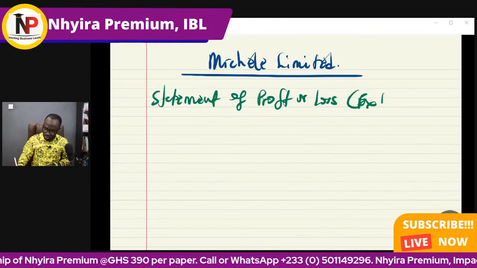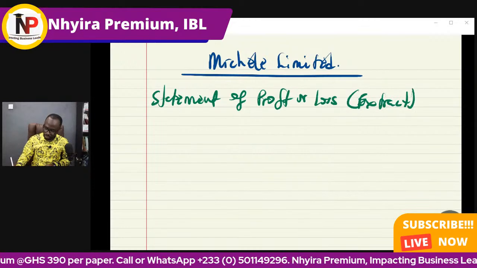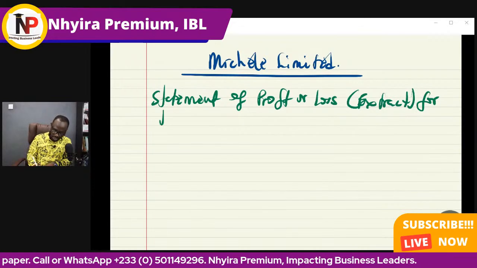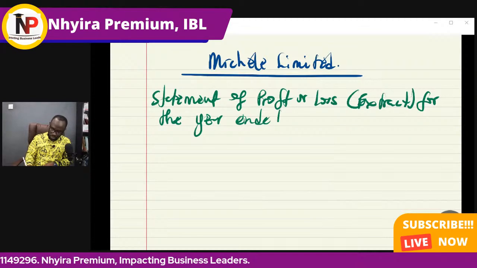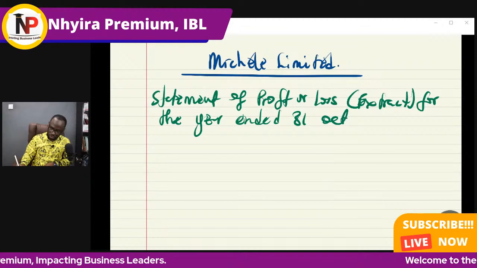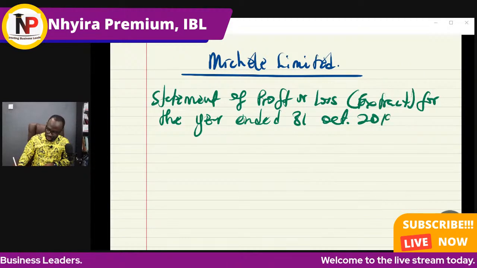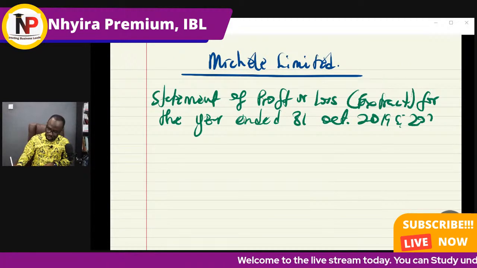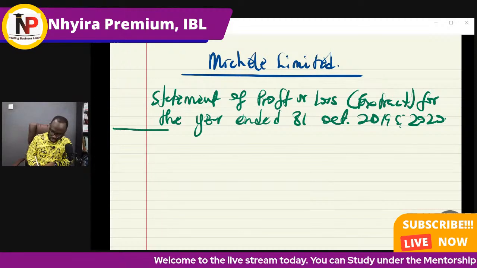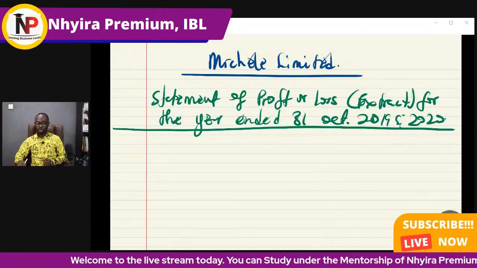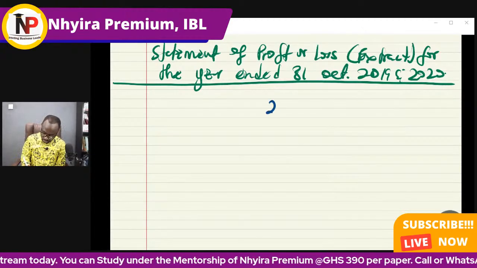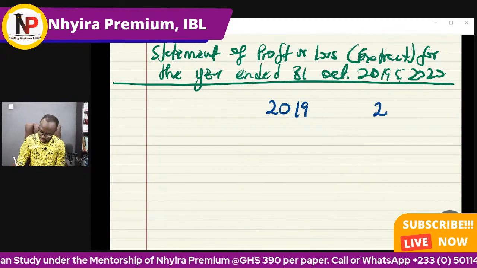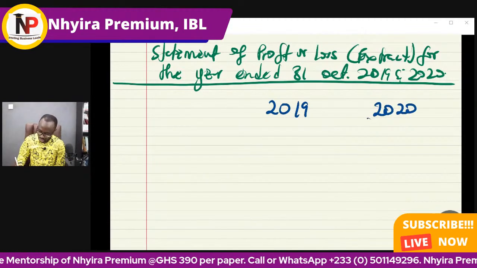Remember, this is an extract for the year ended 31st October 2019 and 2020. We're going to present that in a columnar form. So we'll have 2019 here, 2020 coming in here.